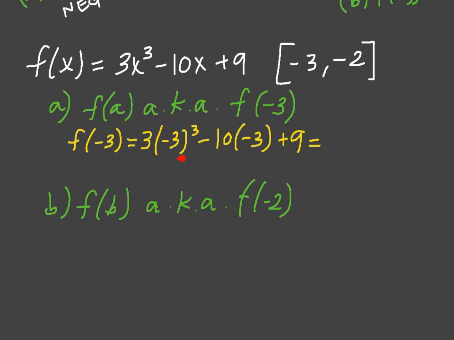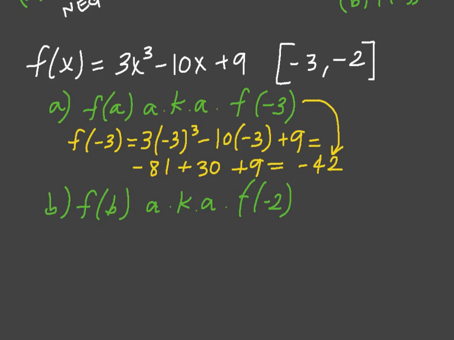You have to do negative 3 cubed first, then multiply by 3. So that would be negative 27 times 3 would be negative 81. Okay, negative 10 times negative 3 would be plus 30 plus 9 equals negative 42. Okay, so we got f of negative 3 equals negative 42.